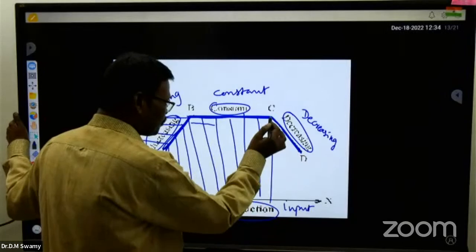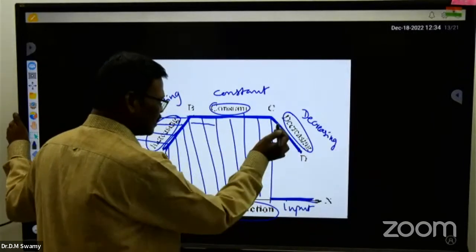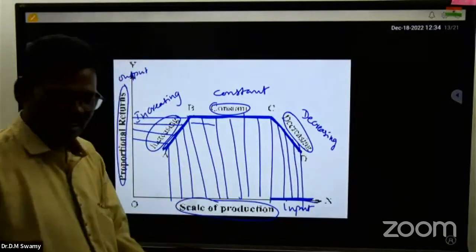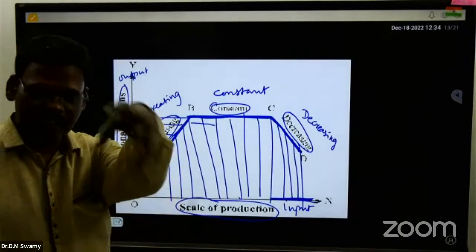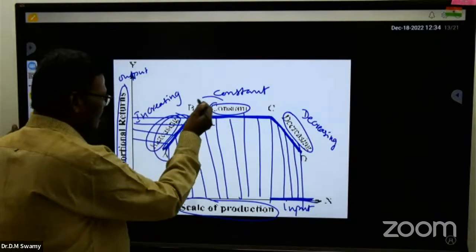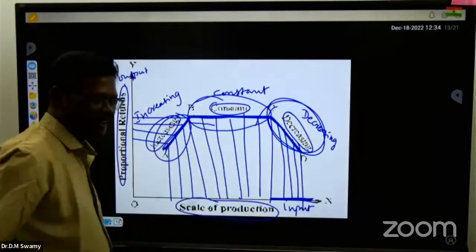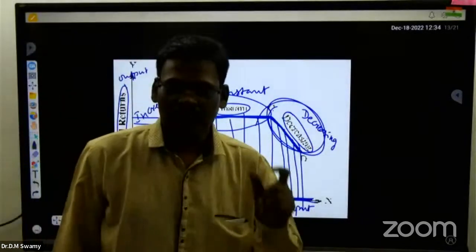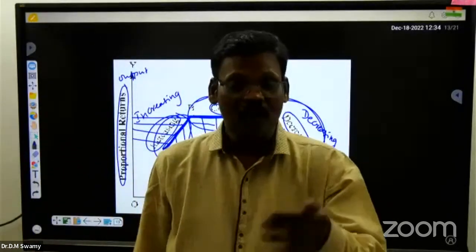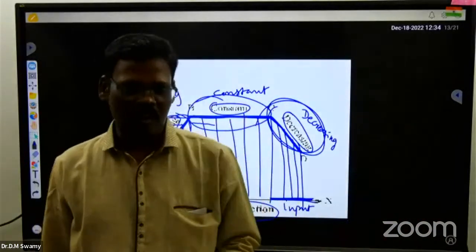After this, whenever the inputs are increasing, the returns are diminishing, which is called diminishing returns. We can see it all in the same diagram. So these three types of returns to scale we can discuss: increasing, diminishing, and constant returns.